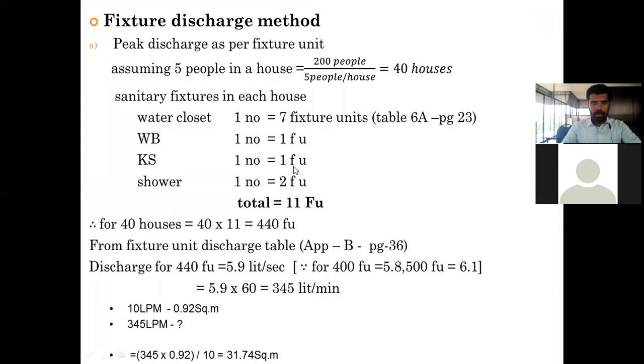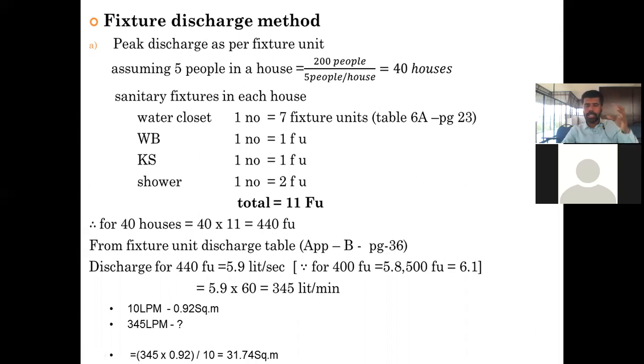Now go back to your question. For 10 liters per minute, 0.92 square meter is the surface loading. We got 345 liters per minute as the discharge, so how much will be the surface loading?